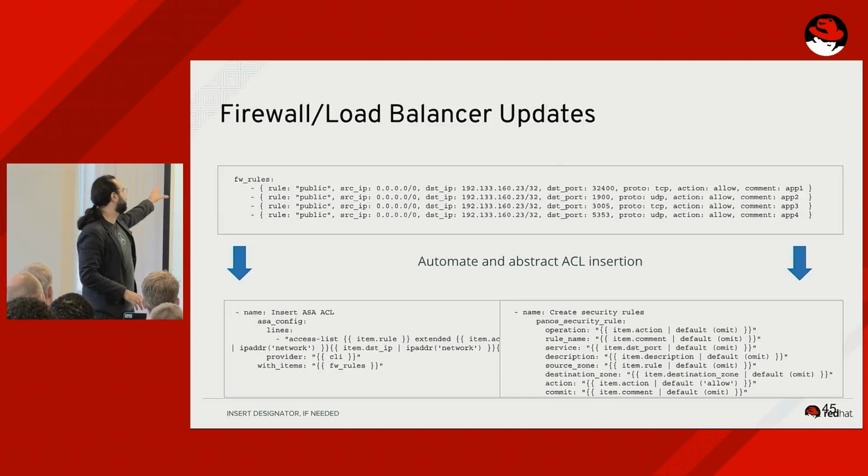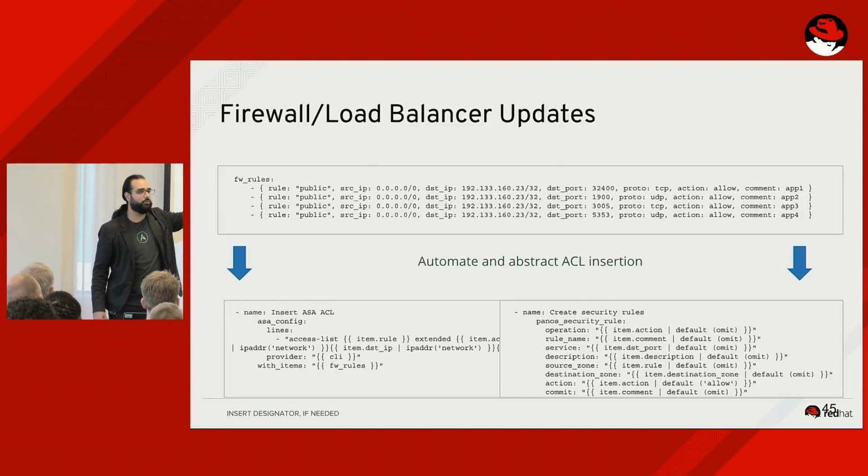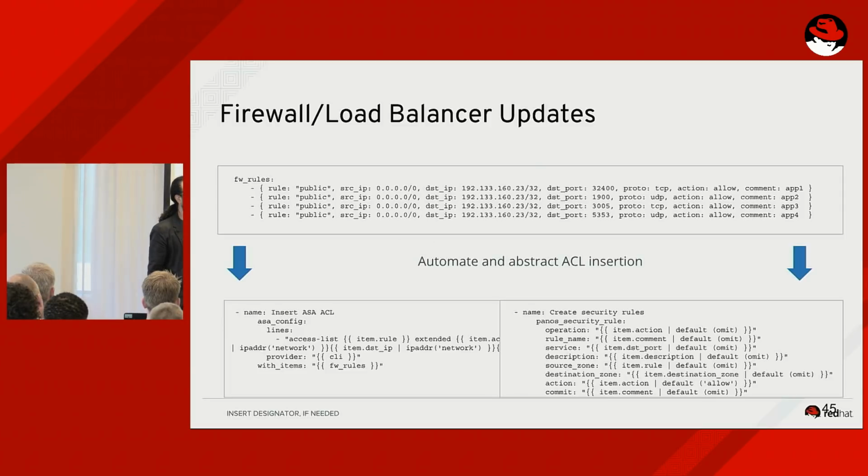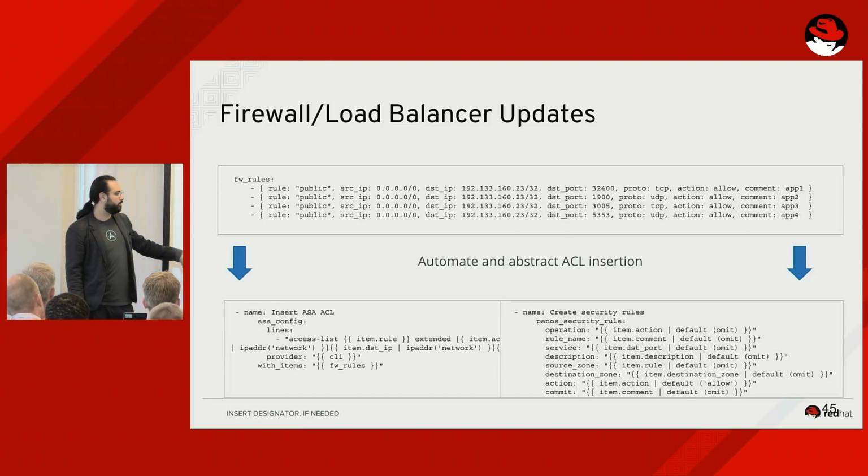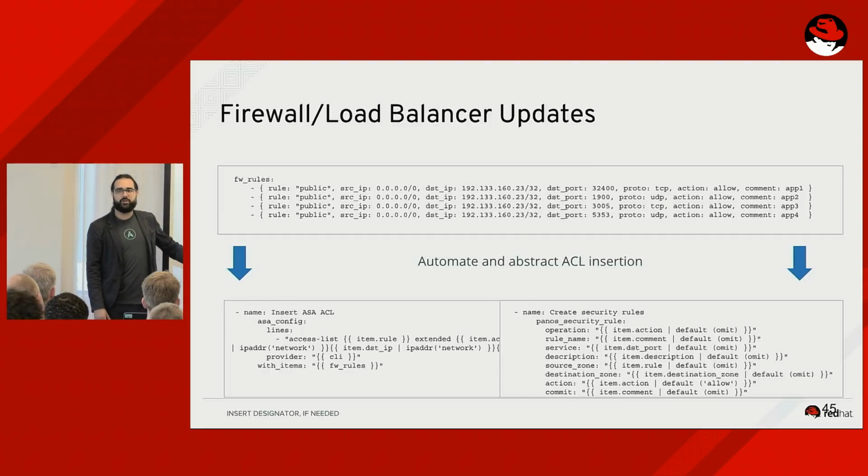So as an application guy, I have a standard format in the same way as I do when I'm describing rules for the cloud. I have source, I have destination, I have the protocol, I want to allow, I don't want to allow. And as a network guy who does the implementation, based on the different firewalls that I have, I will enable or not the fancy features that they are able to deliver.